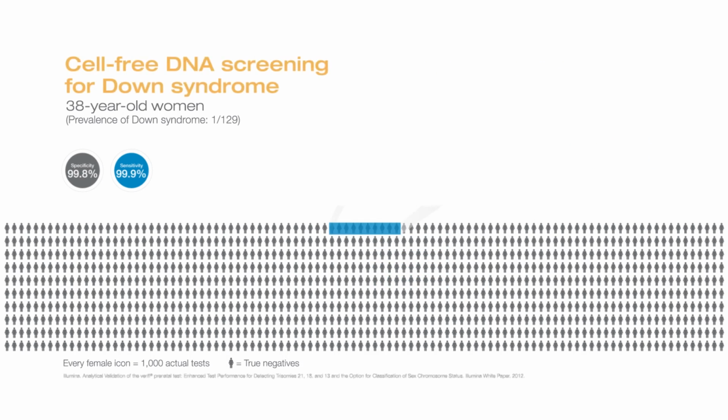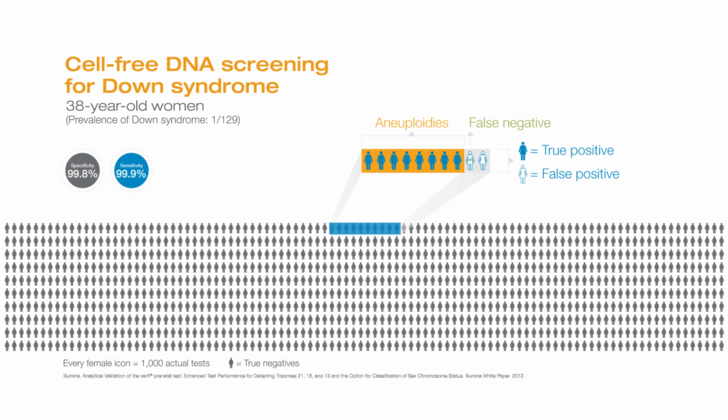Now, if we take the same population but apply cell-free DNA screening, which has a sensitivity of 99.9% and a specificity of 99.8%, our positive predictive value has increased to 80%. In other words, 80% of individuals who get an abnormal result actually have an affected pregnancy. The negative predictive value is extremely robust at 99.999%.